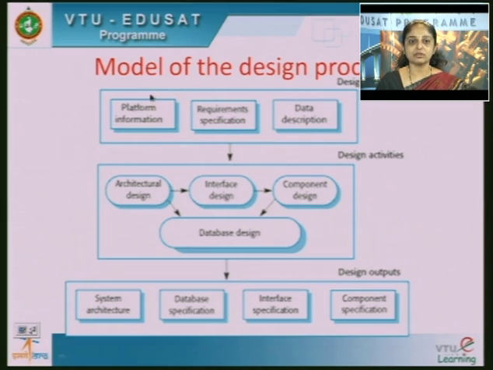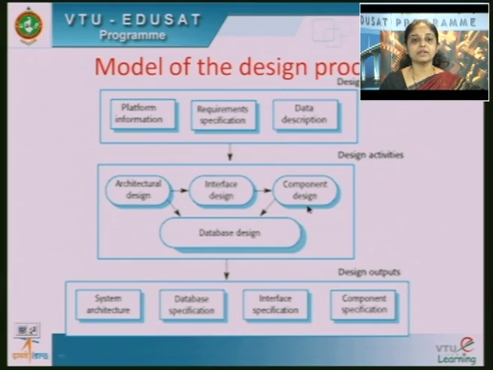So based on these inputs, you are going to do an architectural design, the overall architecture of your software product. While you are doing the architectural design, you might come across different components as a part of this architecture, and then you might have to do an interface design on how these components interact with each other.